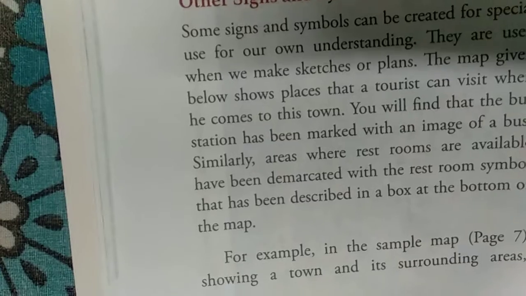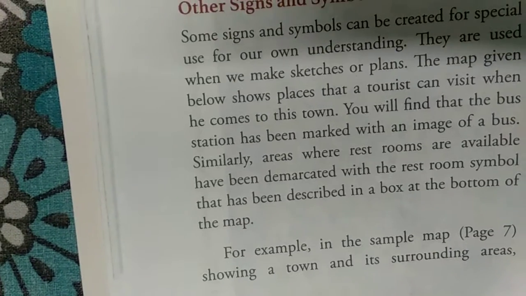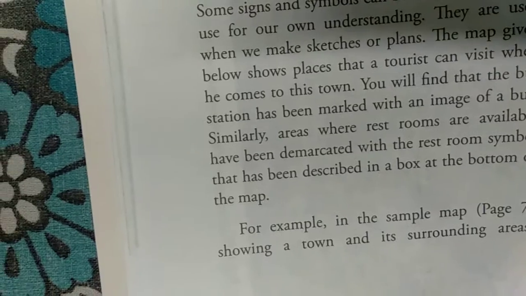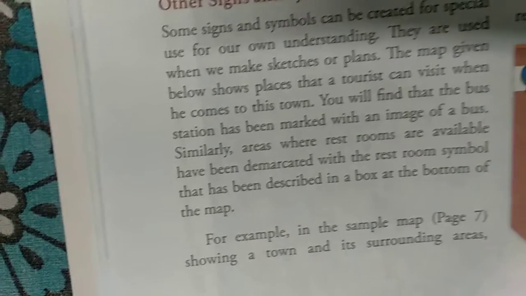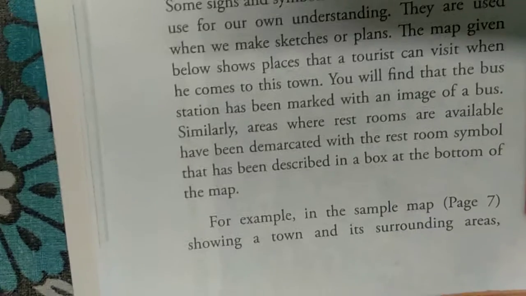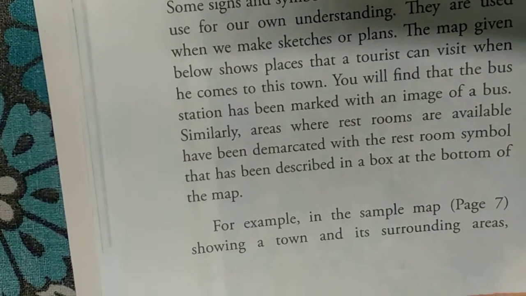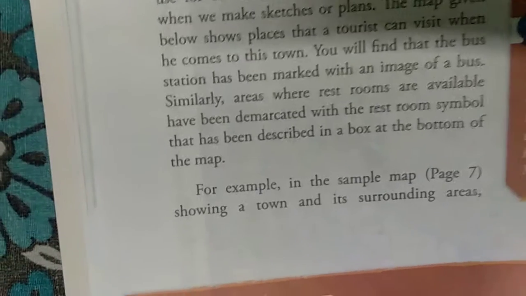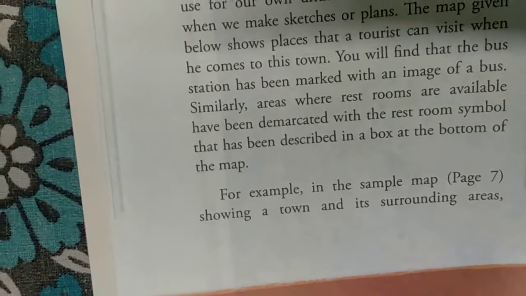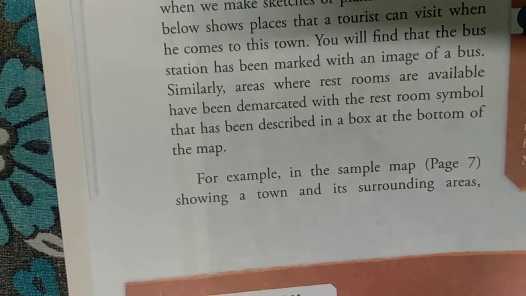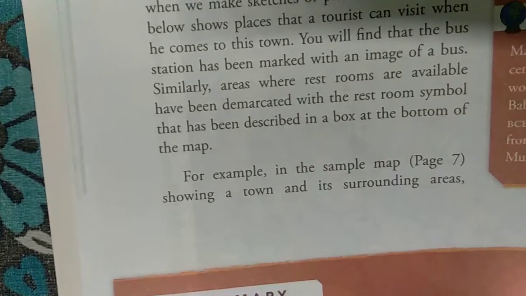A map given below shows places that tourists can visit when they come to a town. You can find bus stations marked with an image of a bus. Similarly, areas where restrooms are available are given a symbol of a restroom or a box at the bottom of the map, and there it is described.